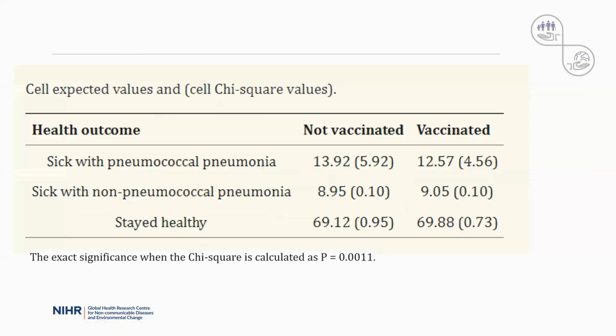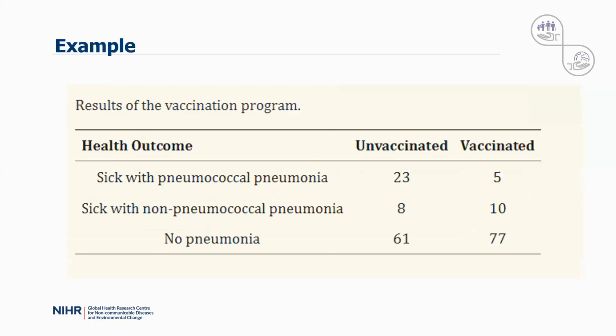So we count the expected cell frequencies. The calculation process is there in the notes section that will be shared, but you get the expected cell frequencies. The numbers outside the brackets are the expected cell frequencies, and the numbers inside the brackets are the corresponding chi-square values. So 13.92 is obtained by multiplying 23 with the marginal total.